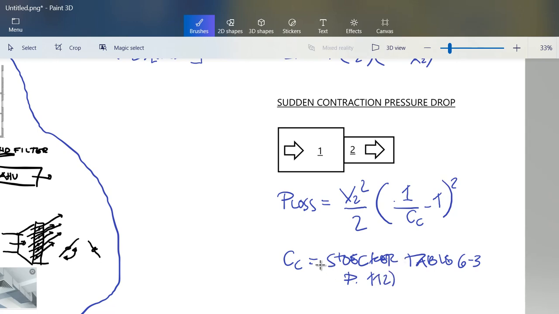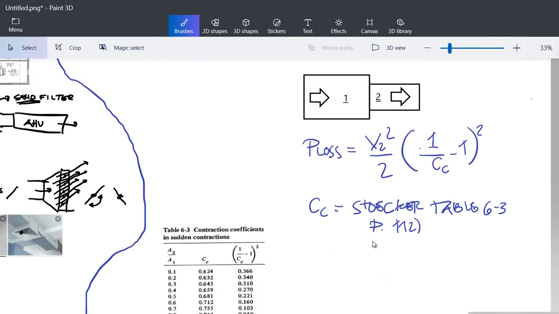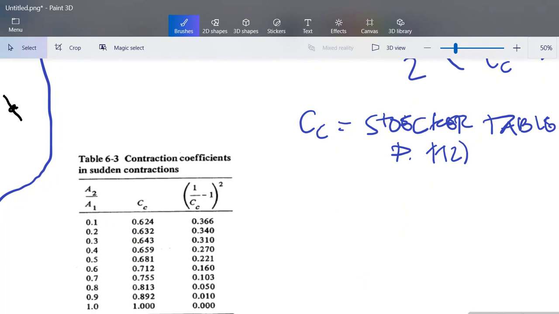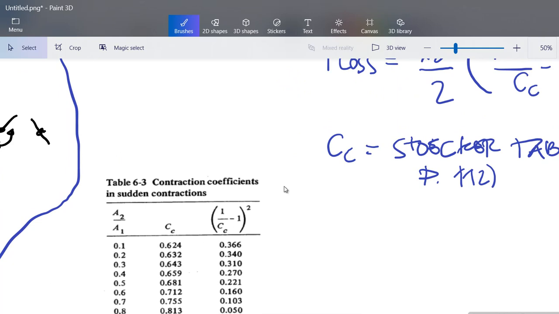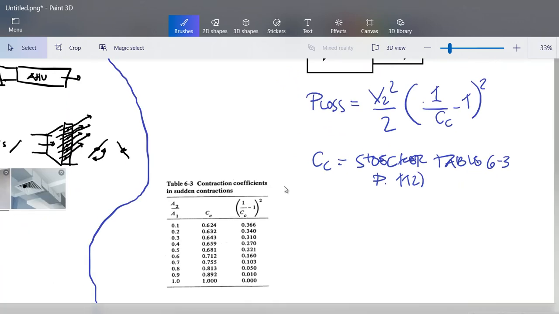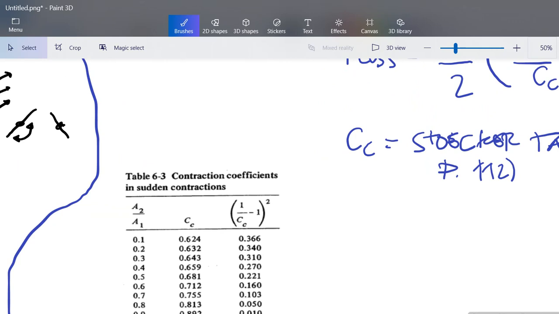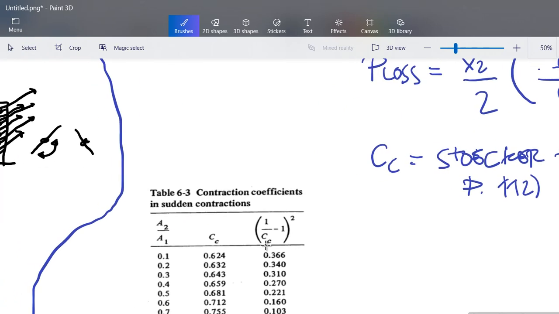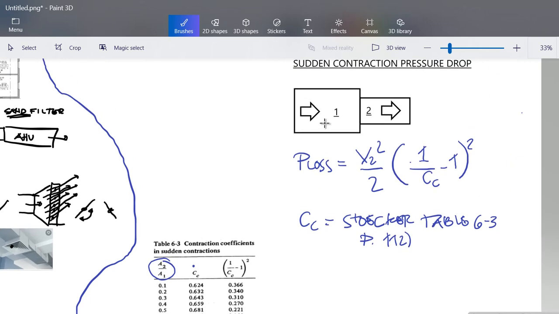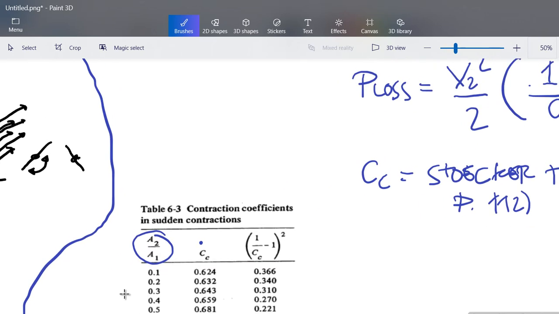So here is the table 6-3 in the Stoker book, page 112. You will notice that in order to get the value of your Cc, you need to get the ratio of area 1 and area 2. Starting from here, going here, you get the value.